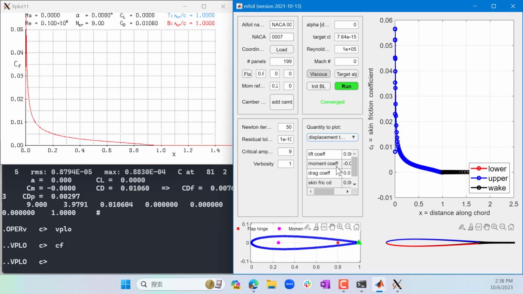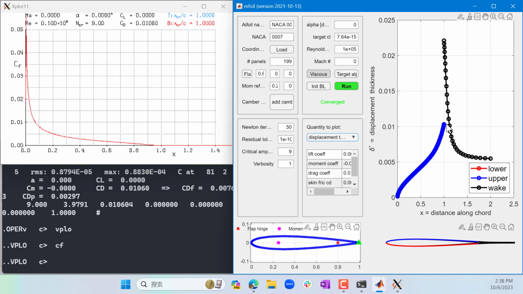Okay, next, displacement thickness. That's quantitatively plotted over here. So this is basically saying that when you go towards the trailing edge, the streamlines are displaced. The inviscid streamlines outside the boundary layer are displaced by about 1% of the chord length.